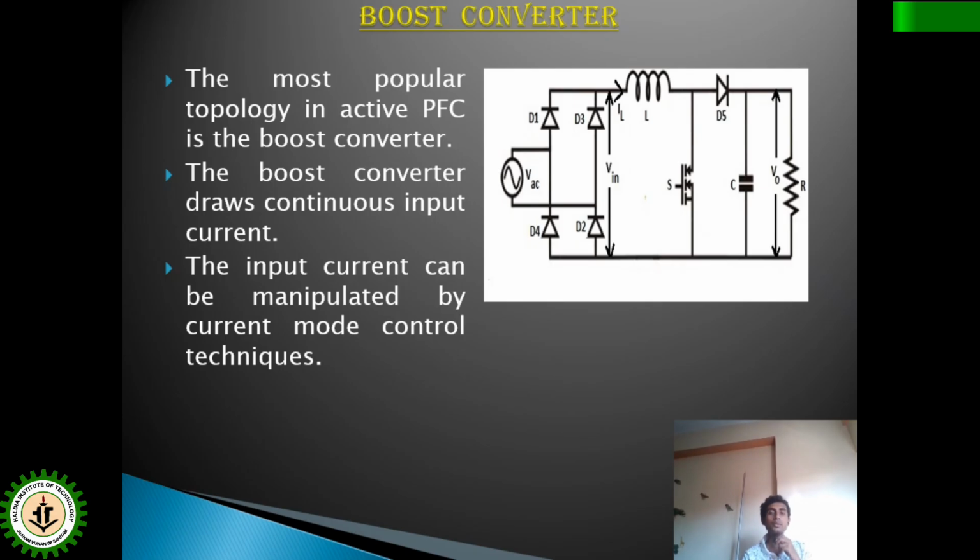One more thing to discuss: when the switch is on, inductor current IL will increase because the inductor will store energy. When the switch is off, the inductor will dissipate its stored energy, it will change its polarity, so IL will decrease. So when S is on, IL will increase, when S is off, IL will decrease.